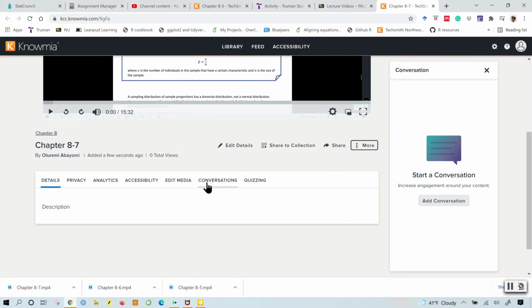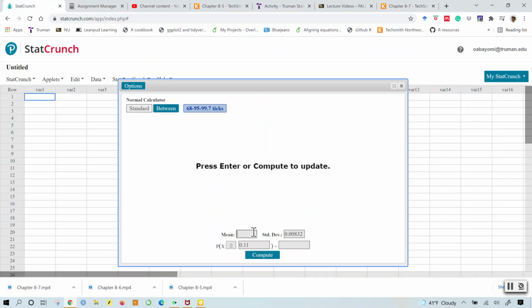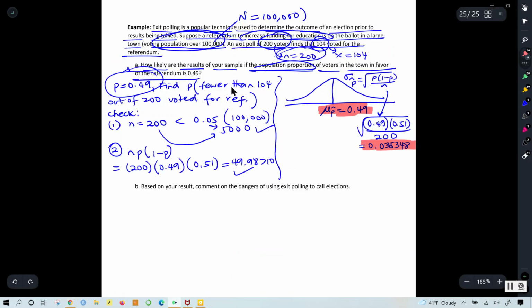So let me go to StatCrunch, and here I am in StatCrunch. I'll go to the mean. The mean in this case, as we found earlier, is 0.49, the actual population proportion, and the standard error is 0.035348. In particular, we want to find the probability of fewer than 104. That is, the probability that the sample proportion is less than or equal to 104 out of 200.